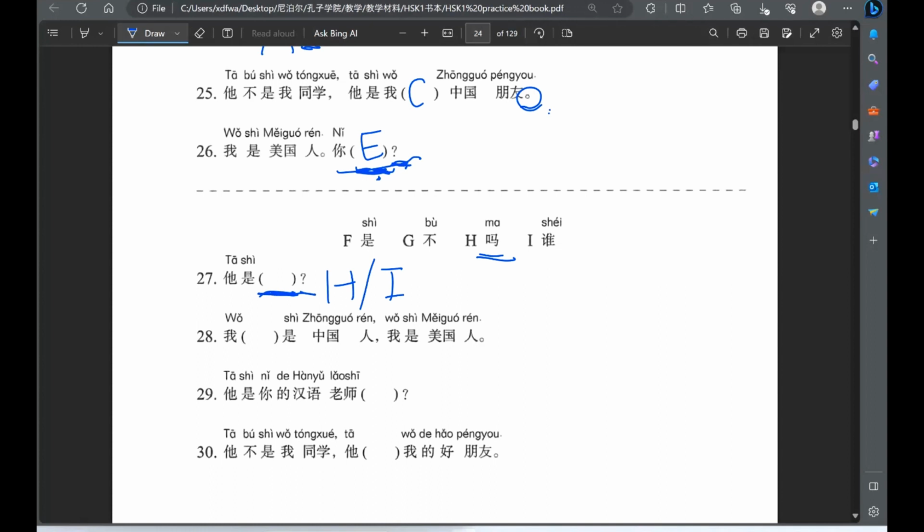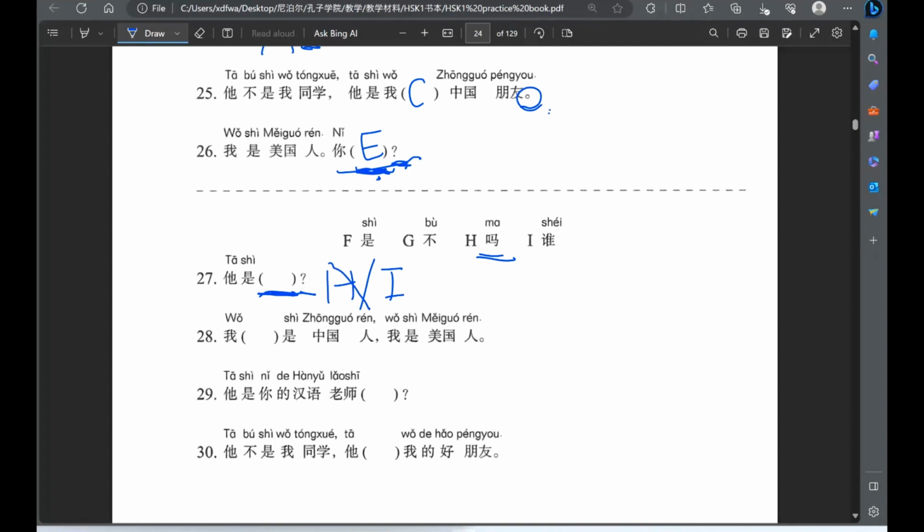So we choose I here. 吗 is not a complete sentence in this case because we are learning the whole sentence. We will ignore the oral speaking first.